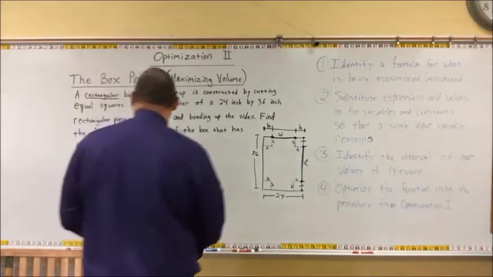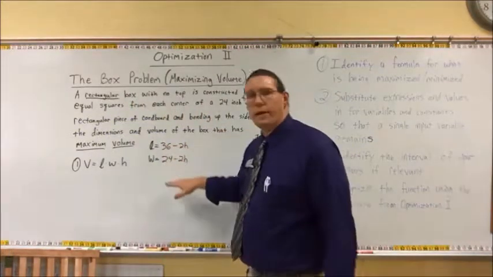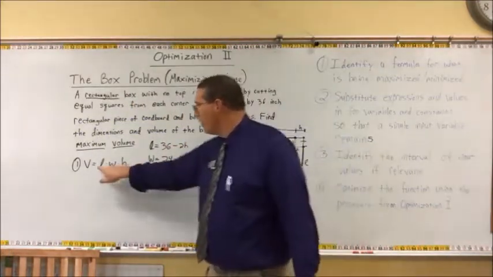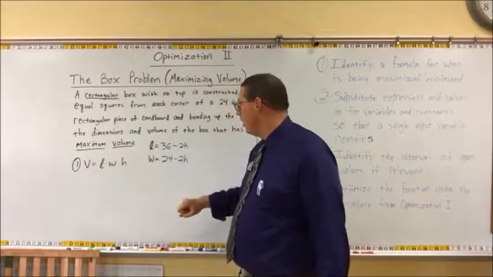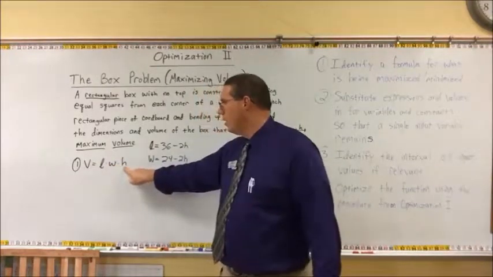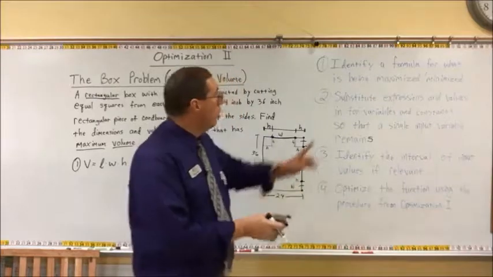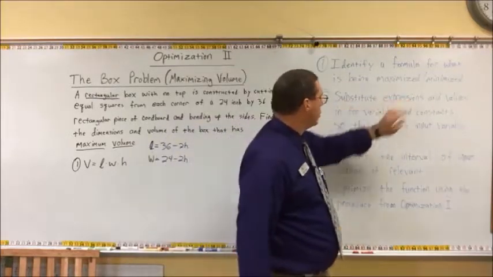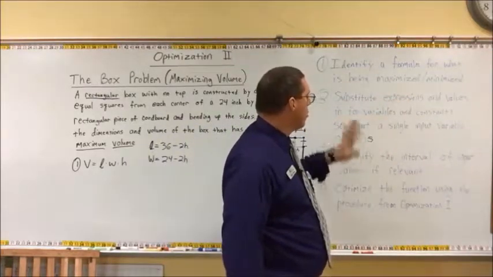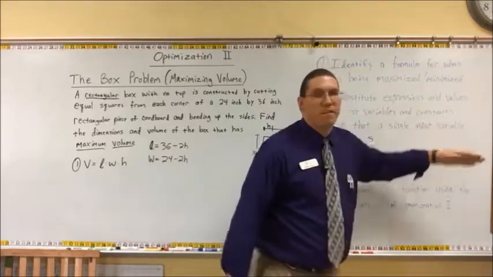And so now look, with these two equations, we have now related the length to the height and the width to the height. So we can now do step 2, which says substitute expressions for variables so that you have a single input variable.